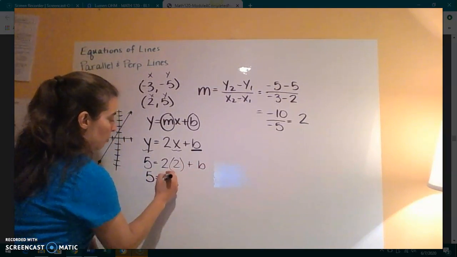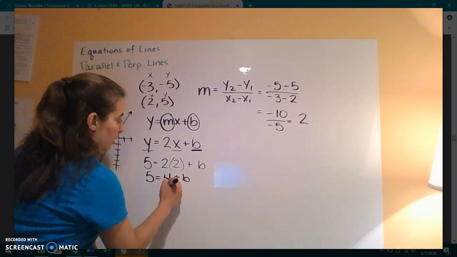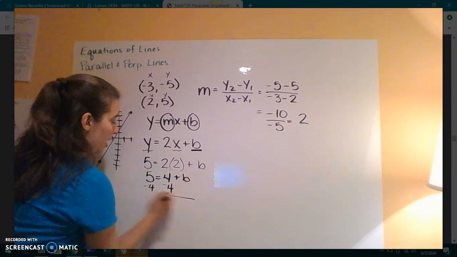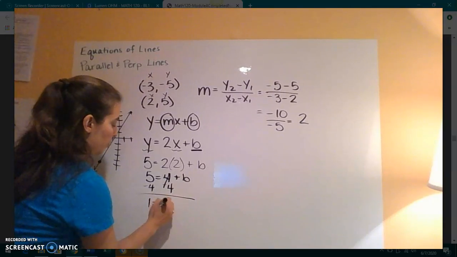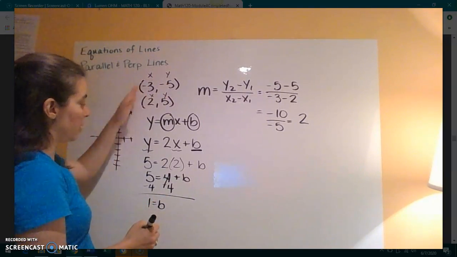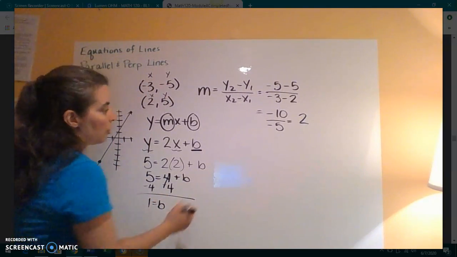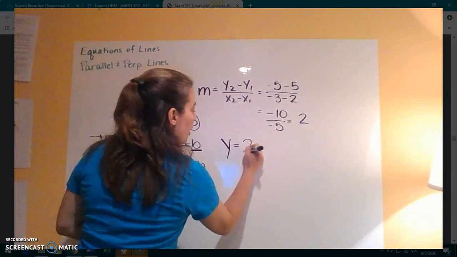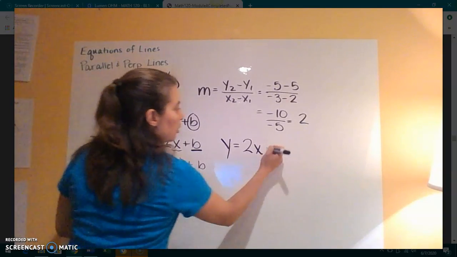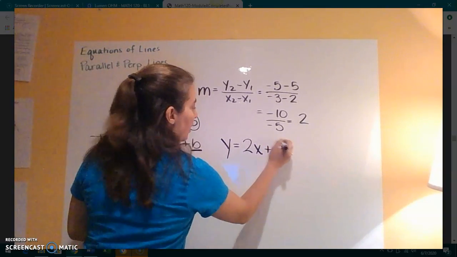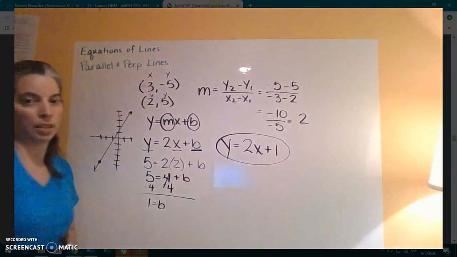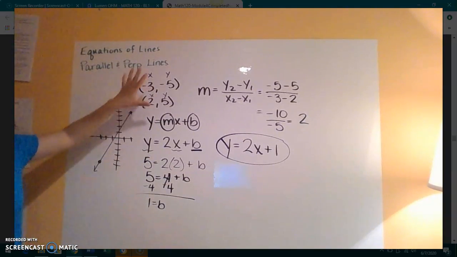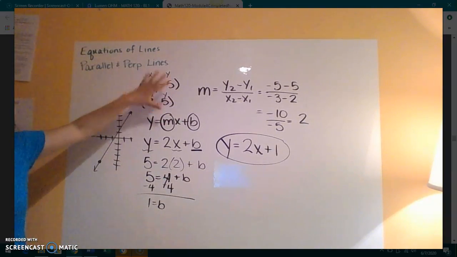So 5 equals 4 plus b, subtract 4 from both sides, 1 equals b. Again, if I had plugged these 2 in, I would have gotten the same thing. So now I have y equals mx, well I know that's 2x plus 1. Okay? This is my equation for the line that goes through these 2 points.